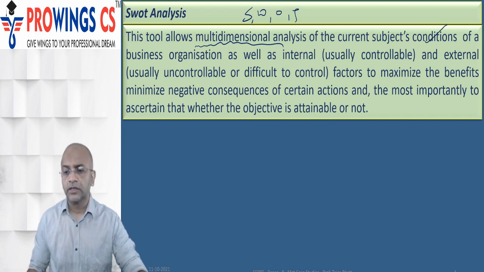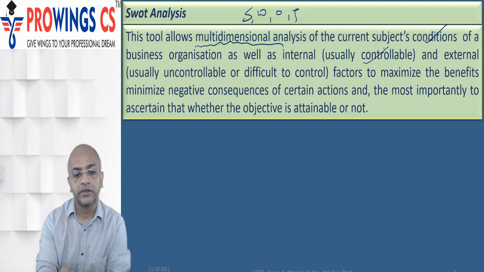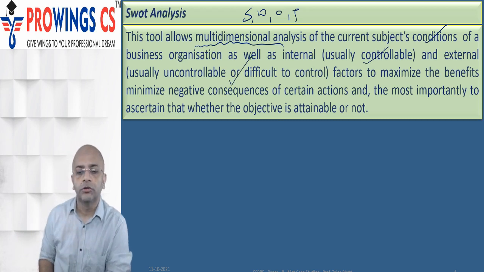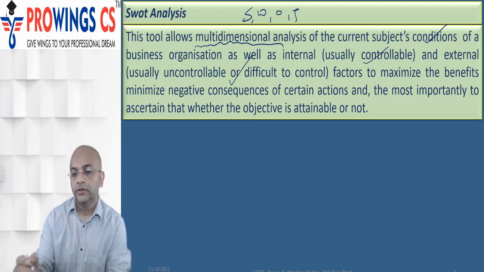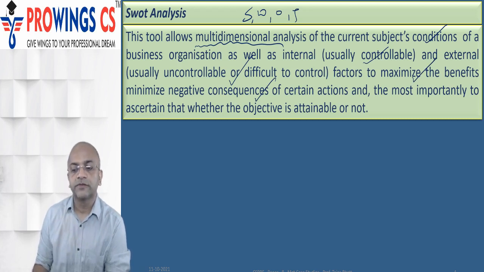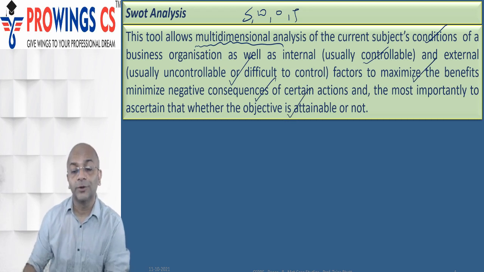It covers the current conditions of a business organization, as well as internal factors, which are usually controllable, and external factors, usually uncontrollable, or rather difficult to control, to maximize the benefits, minimize the negative consequences of certain actions, and most importantly, ascertain whether the objective is attainable or not.